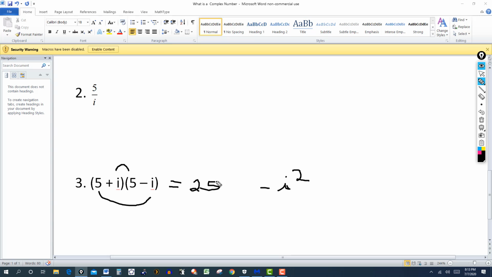So those are going to cancel, so basically I'm left with this. But i squared is -1. And then minus over here makes this a plus. So that gives me 25 plus 1 is 26. Okay. And then write it in your standard form. This would just be 26 plus 0i.